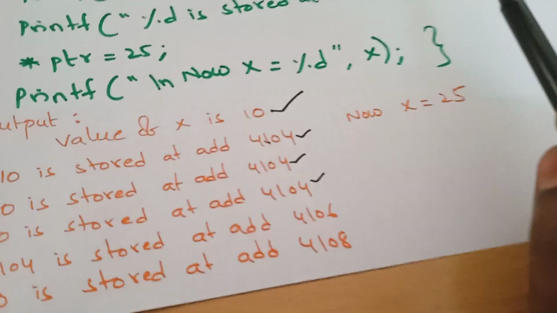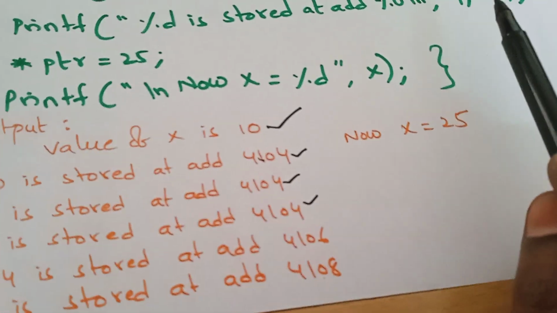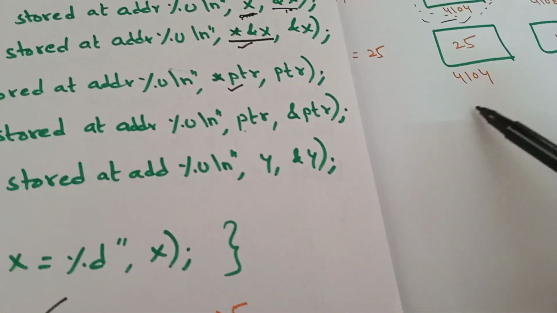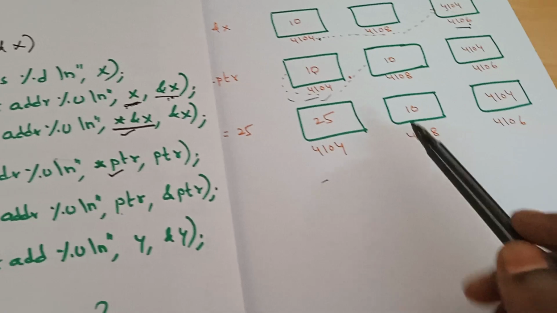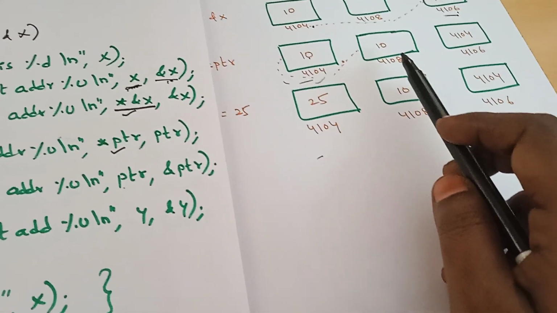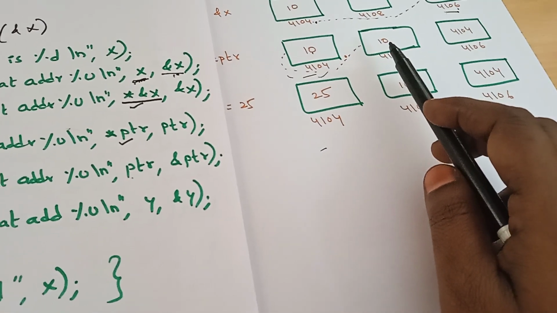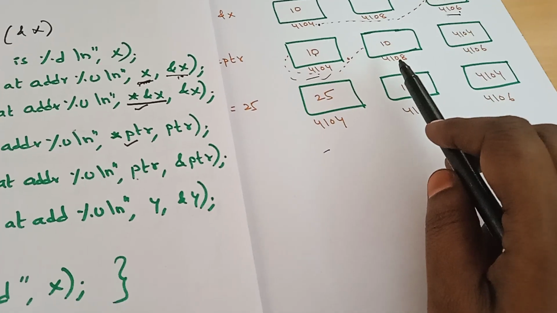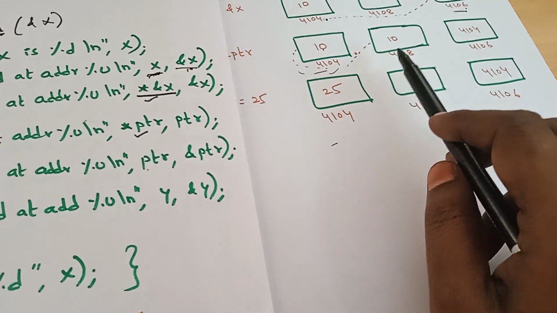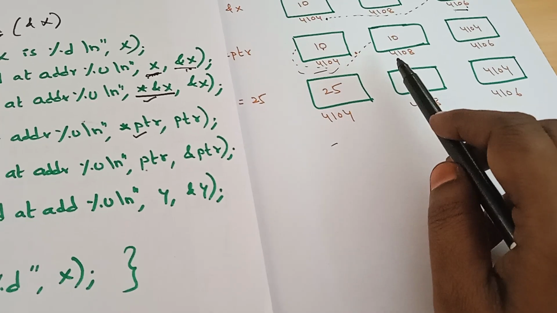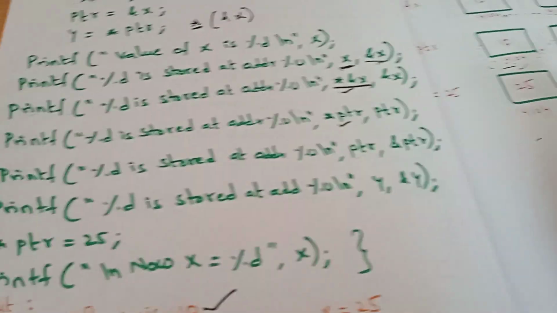The address of y. Now look at this. y is *ptr. Now what is *ptr? The value of x that is given to y. The address of y is 4108.